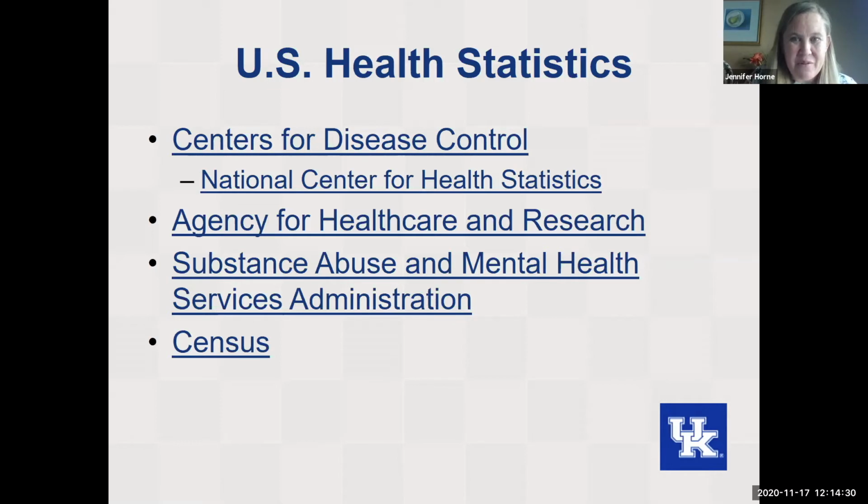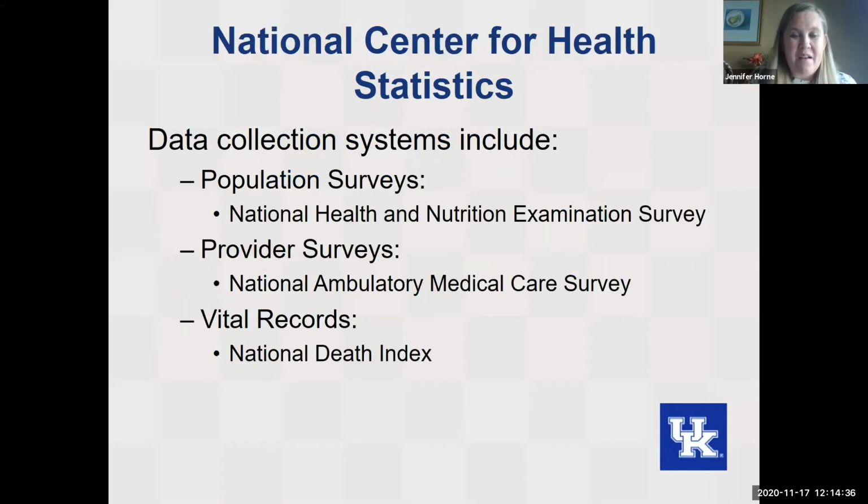And I'm going to toggle between my PowerPoint and the internet, so I apologize if it's a little clunky. But first of all, when you're talking about the National Center for Health Statistics, this is a really great place to start. This is a clearinghouse for pretty much all of the US health statistics, and they have it in ways that are pretty easy to understand.